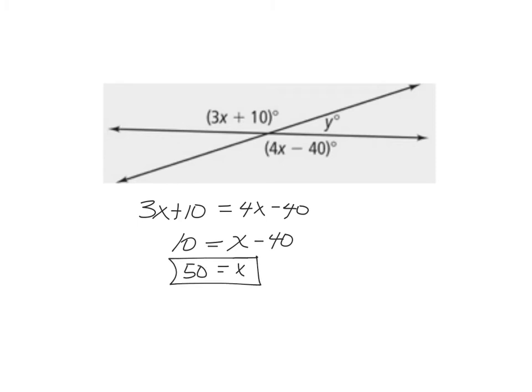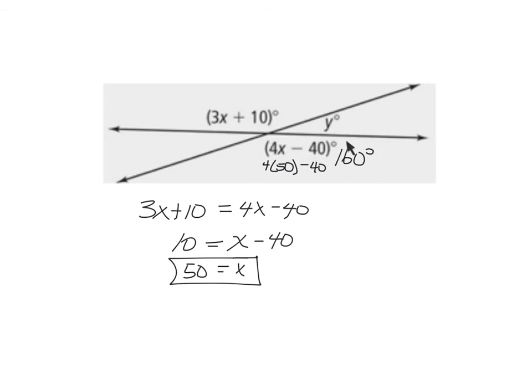What I'm trying to do is find x and find y. Well, if x is 50, this is 4 times 50 minus 40. 4 times 50 is 200, and 200 minus 40 is 160 degrees. So this angle right here is 160 degrees. That's important because if I use these two angles, they should add up to be 180.